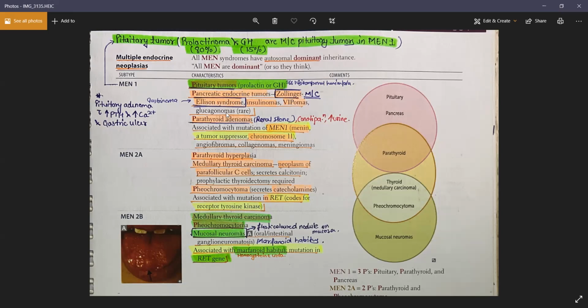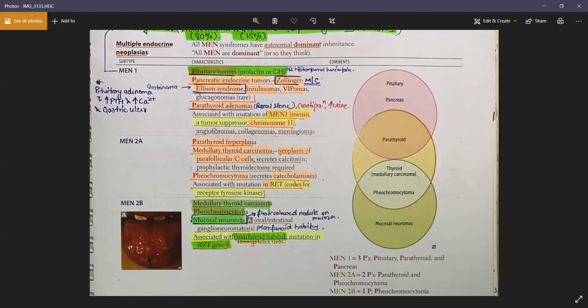You can have glucagonomas also, and you can have VIPomas, which are tumors releasing vasoactive intestinal peptide, released by the parasympathetic nerves to cause relaxation of the smooth muscles. Then for the parathyroid, you can have a parathyroid adenoma as well as hyperplasia. Parathyroid adenomas and parathyroid hyperplasia, both things can happen in MEN1.